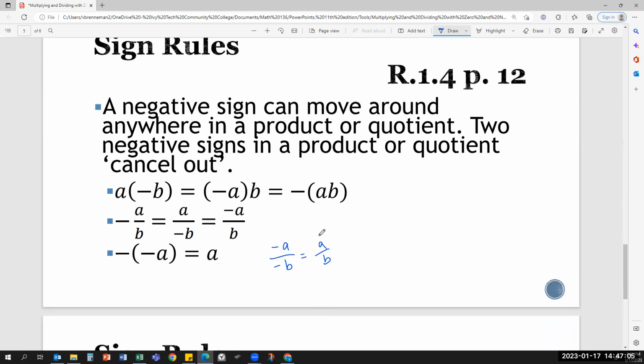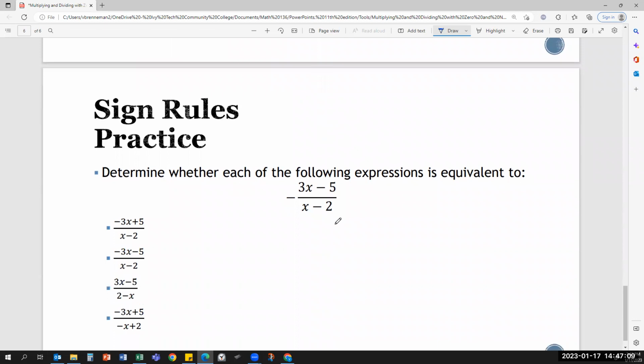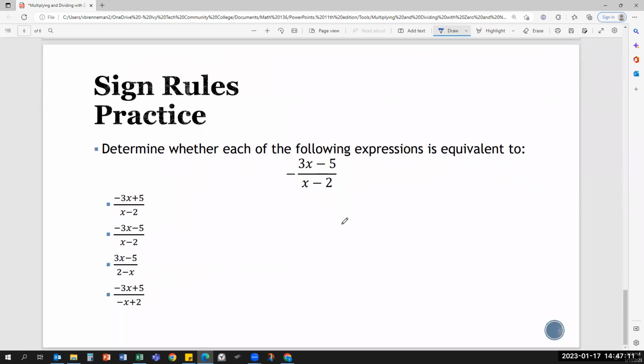So this caused confusion. It was with the fraction. So if I have negative of 3x minus 5 over x minus 2, then that could be the negative of the whole top over the bottom, not negative. So again, a negative sign can be applied to the top or to the bottom.